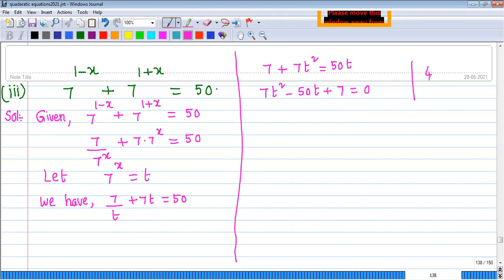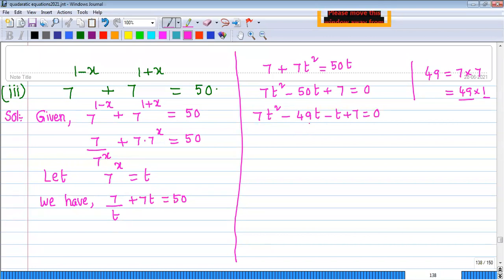The factors of 49 are 7 and 7, a perfect square, and we need 50. One more factor pair we can write: 49 and 1. 49 plus 1 you will be getting 50, but write negative 49, negative 1. So we can write 7t square minus 49t minus t plus 7 equals 0.